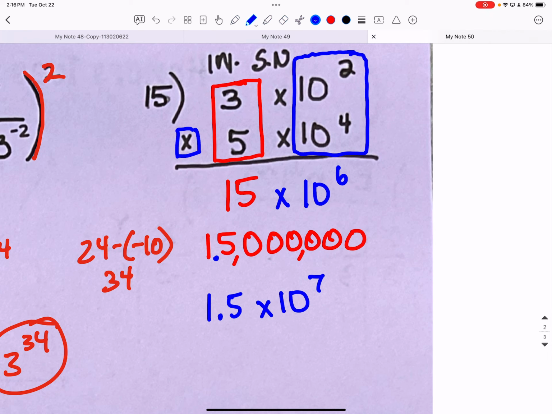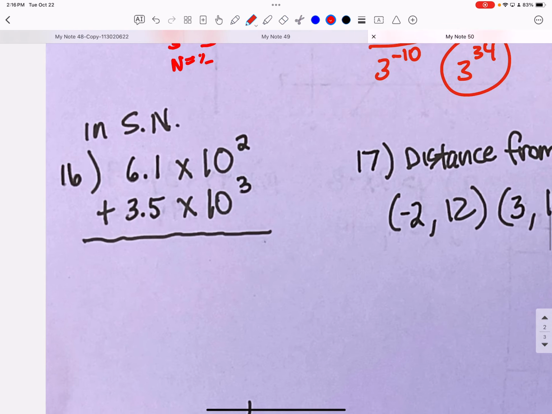You can't have a number bigger than 10 or smaller than 1 here. It has to be between 1 and 10, so the decimal has to be after the first digit. Basically the shortcut is make this 10 times smaller, but make the power 10 times bigger, and that evens it out.